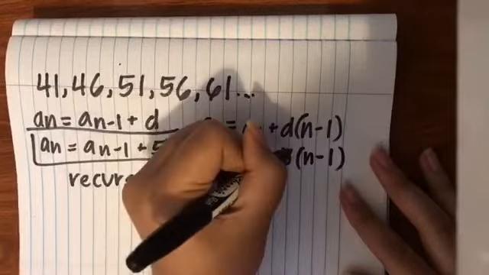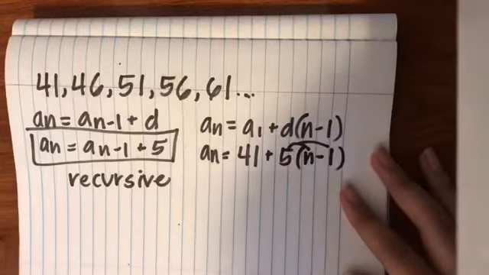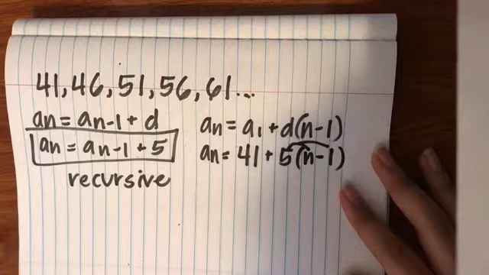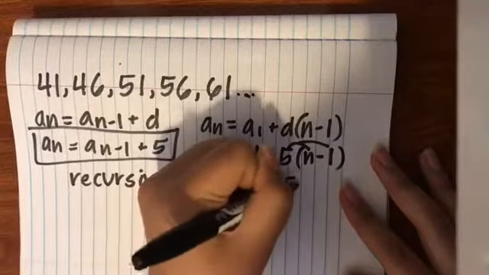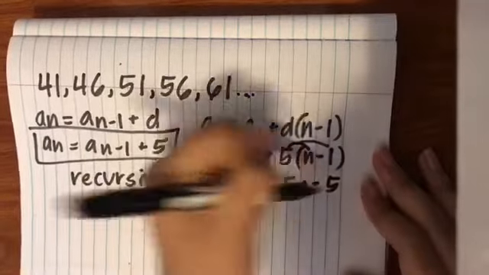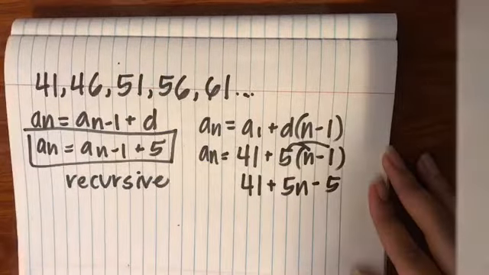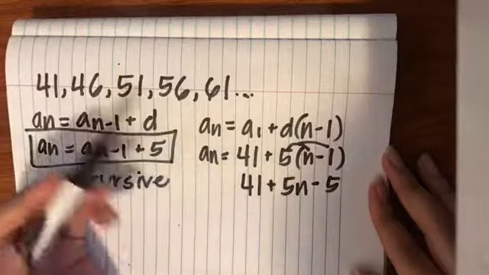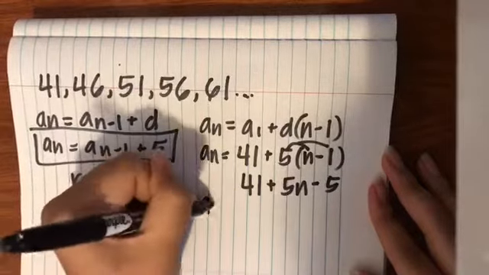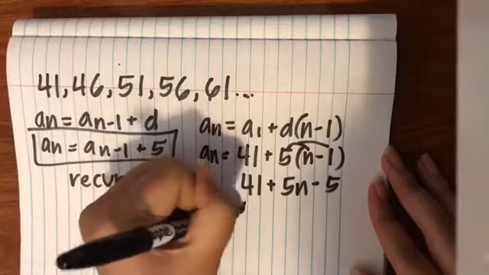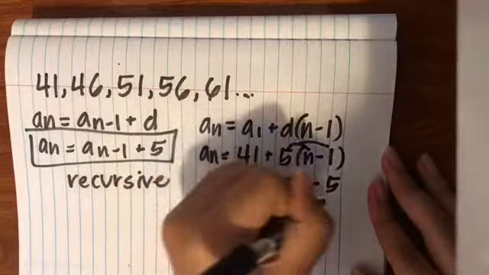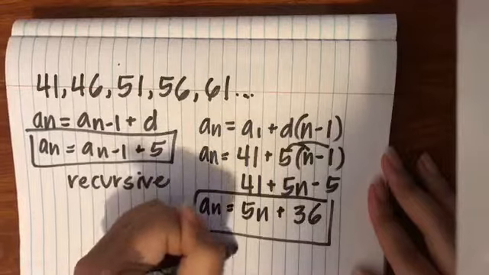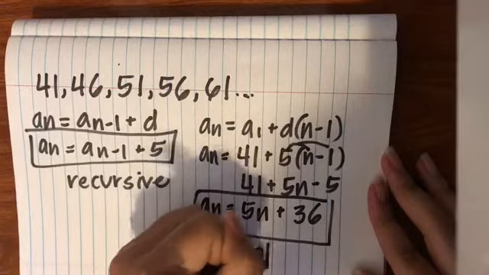So then you would distribute the 5 into n and into 1, which would be 41 plus 5n minus 5. Then you would subtract 5 from 41, so then it would be a sub n equals 5n plus 36, and that is your explicit formula.